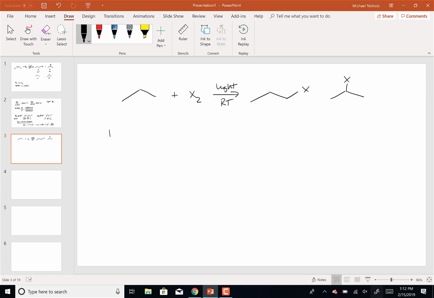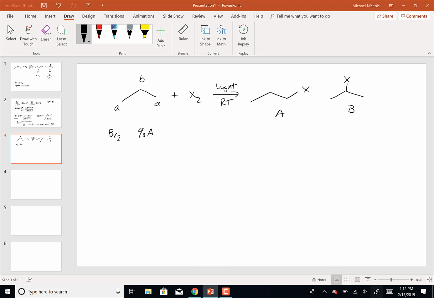So for bromination, the percentage of A, product B, over here, the A hydrogens give me product A, and the B hydrogens give me product B. So what I'm going to use for the number of hydrogens is the reactant on the left.